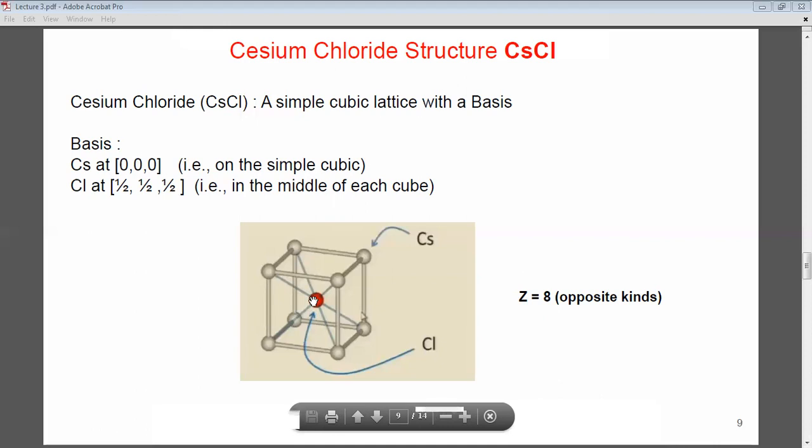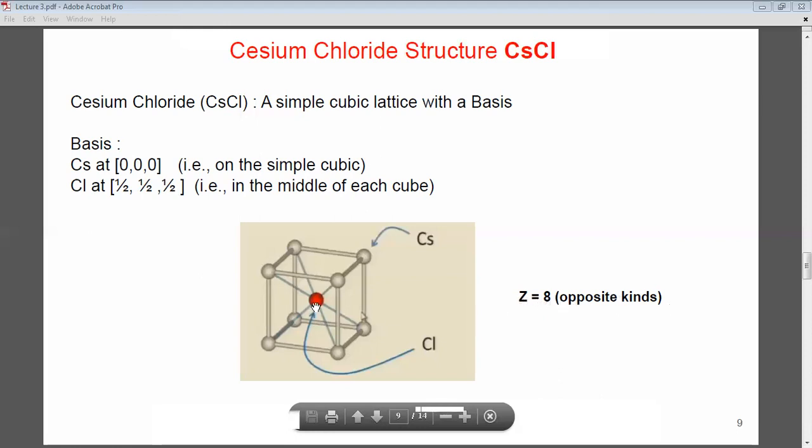If we want to calculate the coordination number of any point in this cesium chloride structure, how much is it? For example, if we look at chloride in the middle, what is its coordination number? That is, what is the number of nearest neighbors? It is 1, 2, 3, 4, 5, 6, 7, 8. So Z equals 8, but it is of the opposite kind.